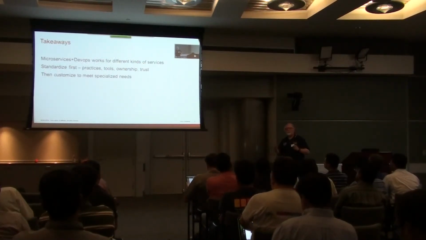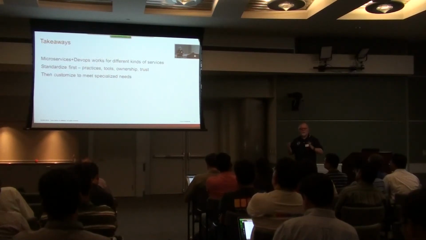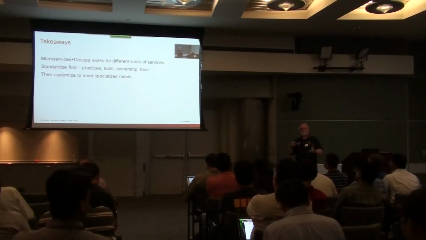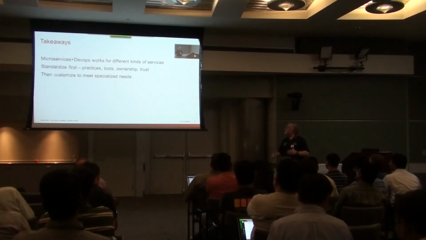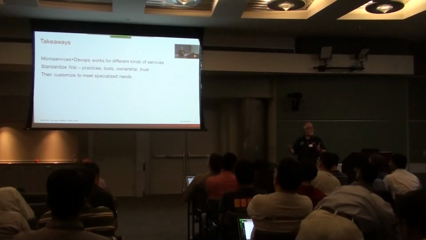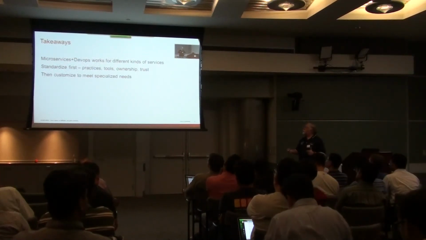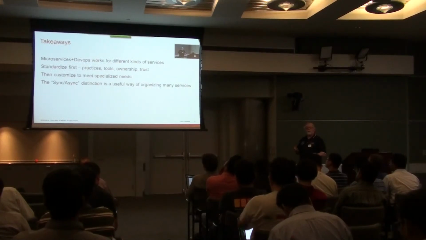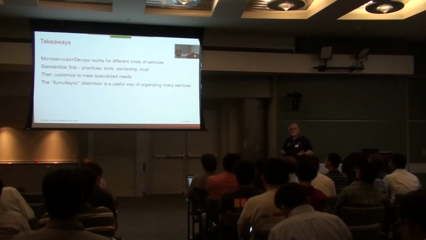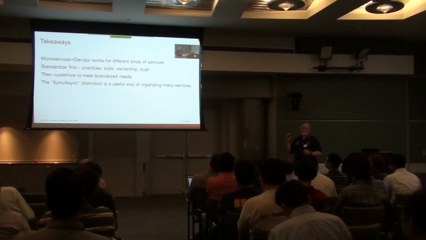But once you've done that, you should be sensitive to the differences in the different parts of the services, the different kinds of services you want to deploy to meet those applications, and then customize those patterns to meet their specialized needs. Sync versus async is a useful distinction to make, because it turns out to drive an awful lot of large-scale application patterns.